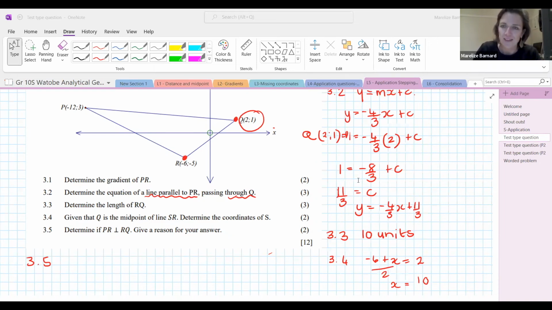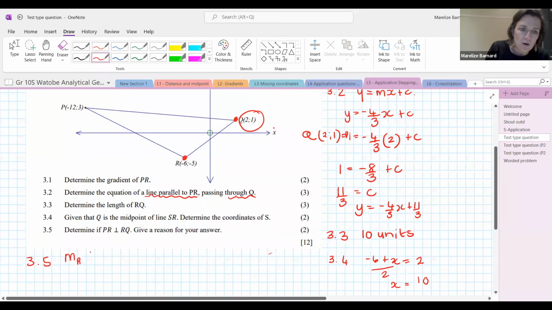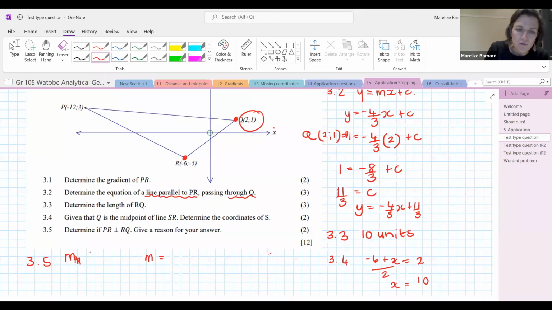Yeah, the same answer. Okay, so let's quickly do the gradient of PR and then the gradient of RQ. Work that out and then we can check if they are perpendicular. Gradient of PR, gradient of RQ.